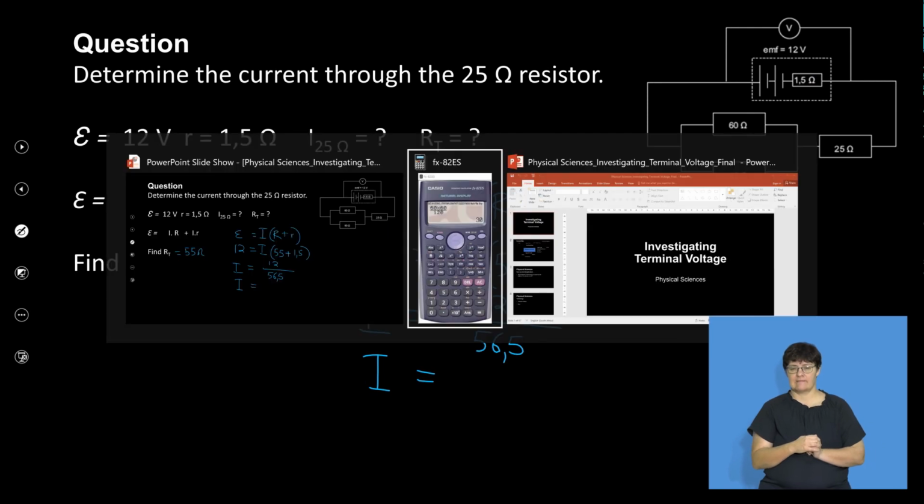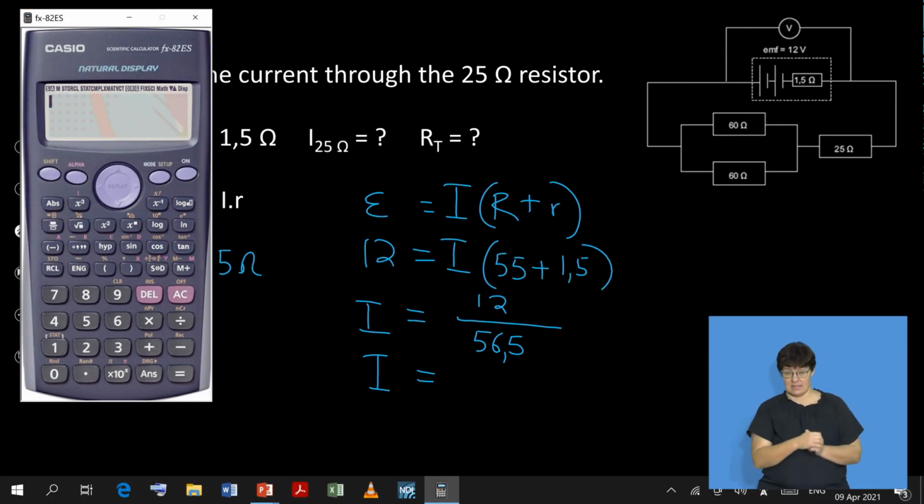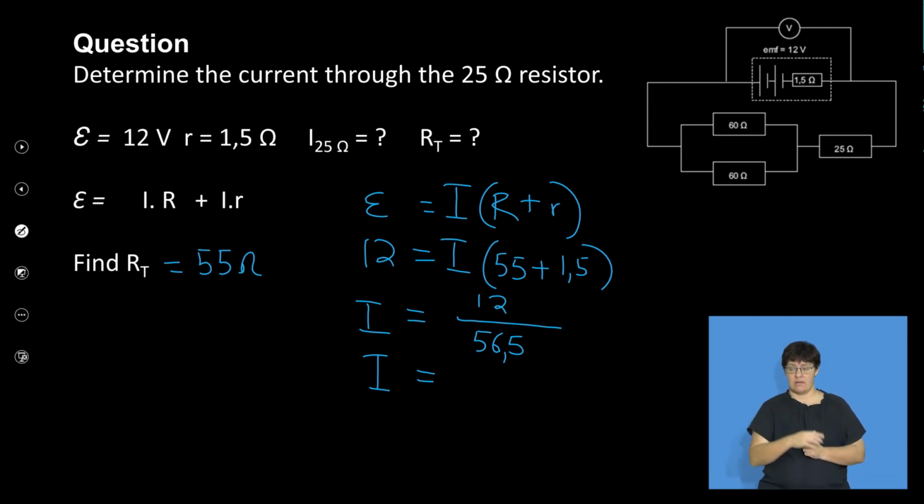If we go to the calculator, we have 12 divided by 56.5. This gives us a current of 0.21. This is the current that goes through the 25 ohms, which is actually the total current in the circuit.